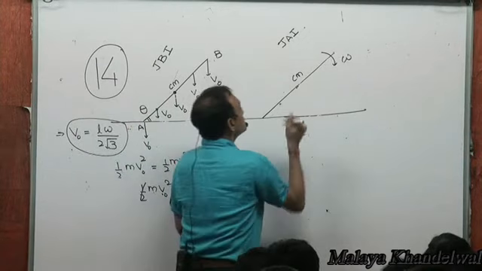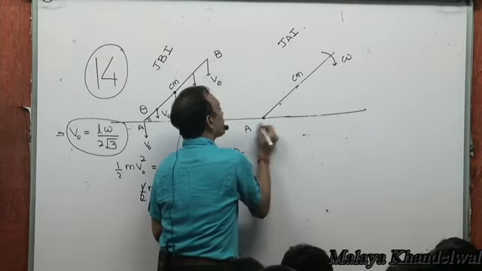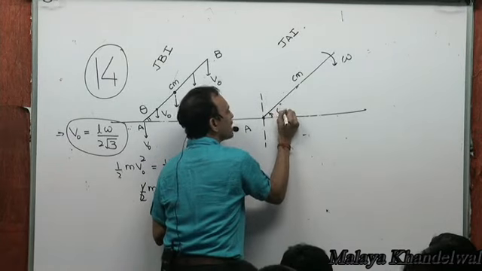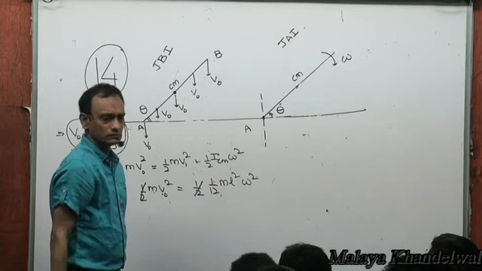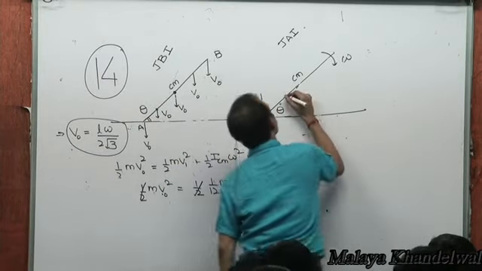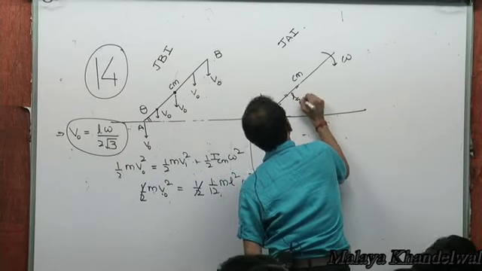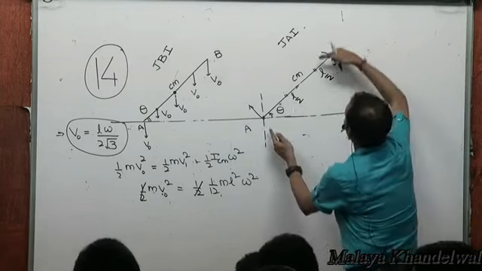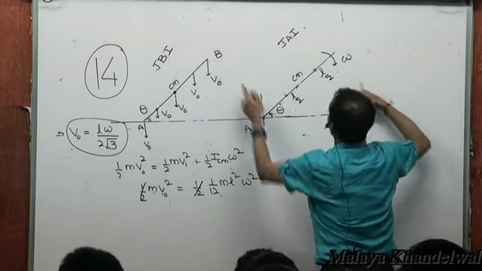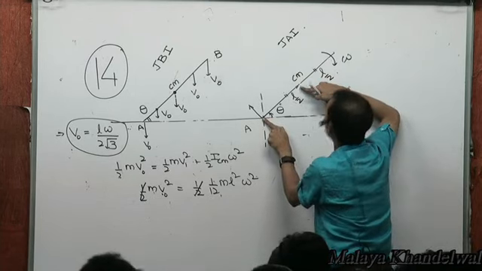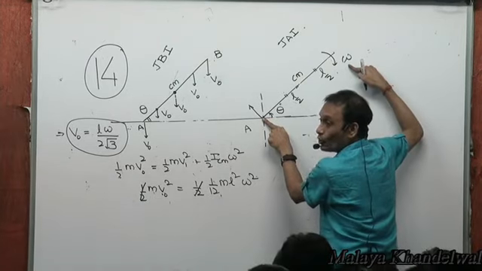So at this instant, just after impact, the point A, with this angle theta and this length L by 2, will be in a state of pure rotation, centered at the center of mass, with radius equal to L by 2 and with angular velocity equal to omega.